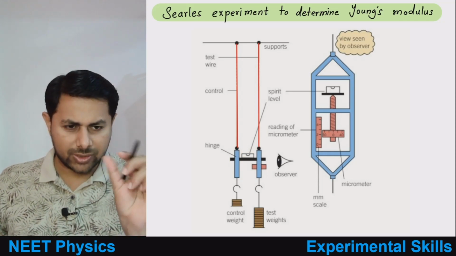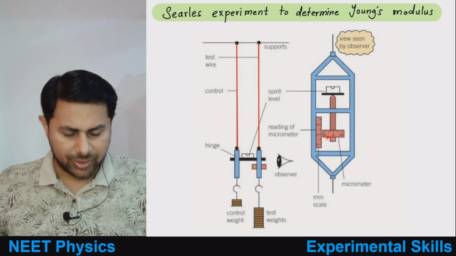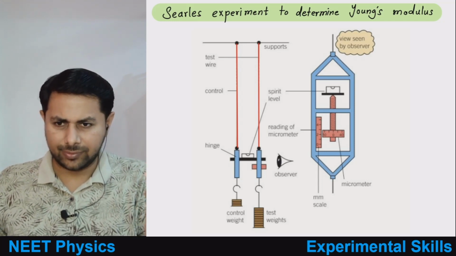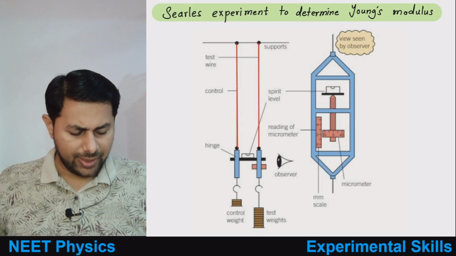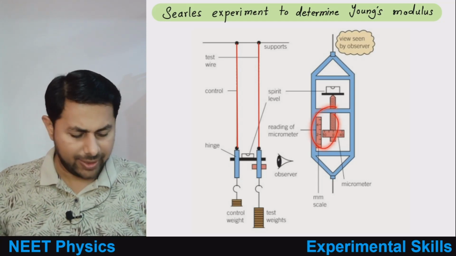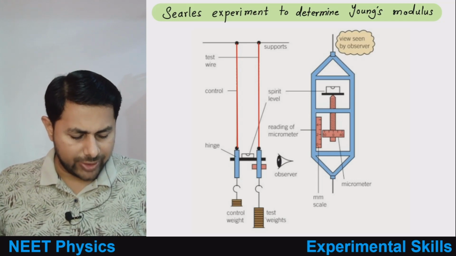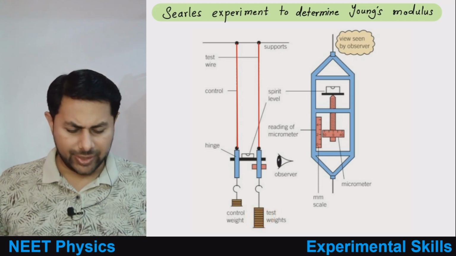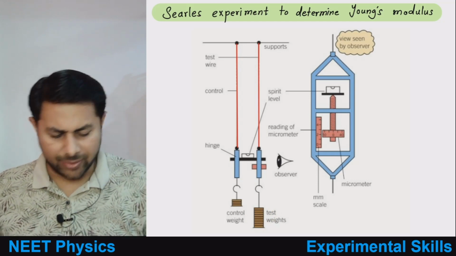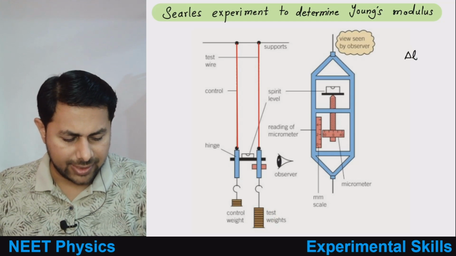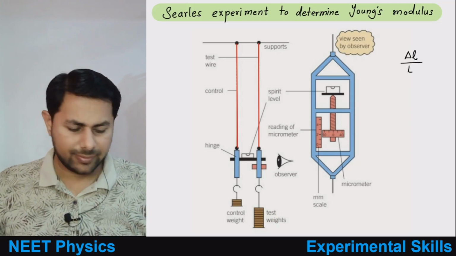You take that reading of how much the screw you need to rotate and you get the measurement of length from there. So for this much amount of weight, this much is the change in length, so then you will find out the strain, that is delta L by L.